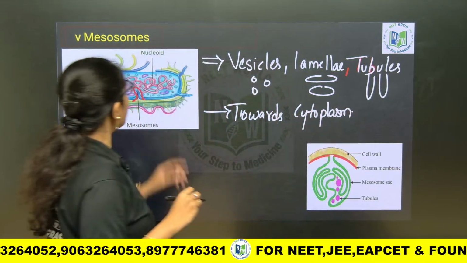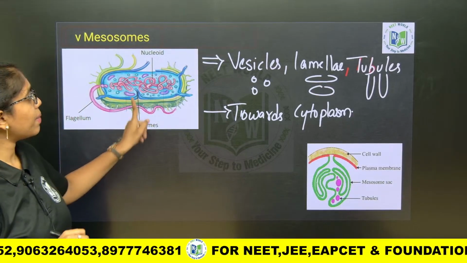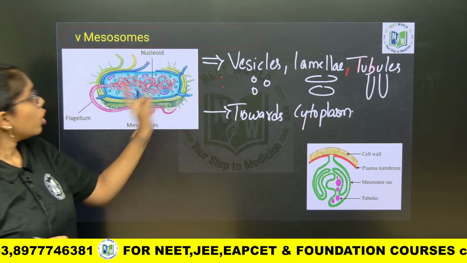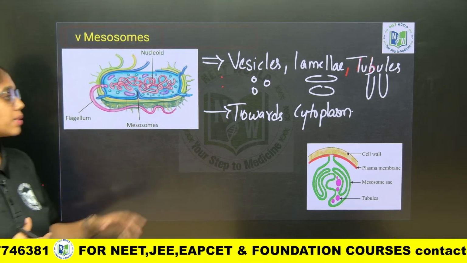Clear? So these invaginations of the cell membrane, whether in the form of vesicles, lamellae or tubules, towards the cytoplasm, what do you call them?